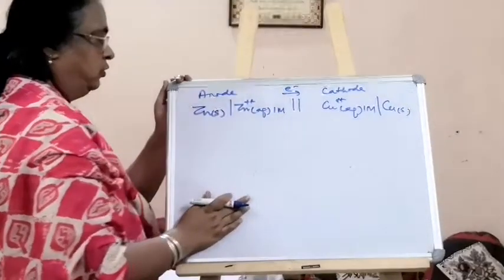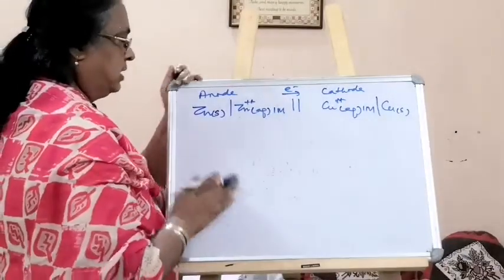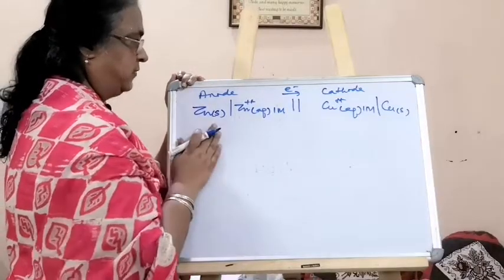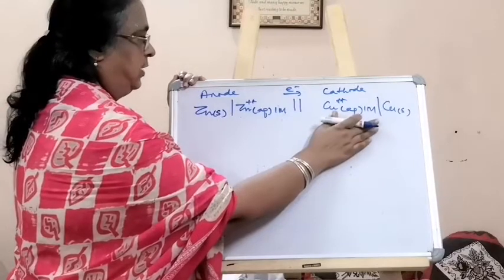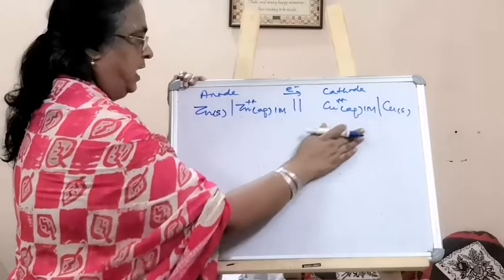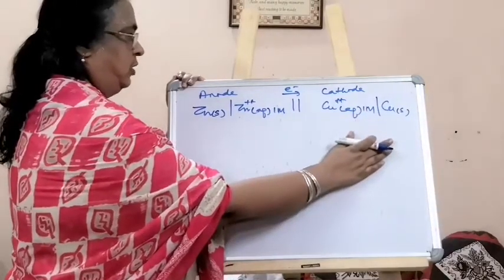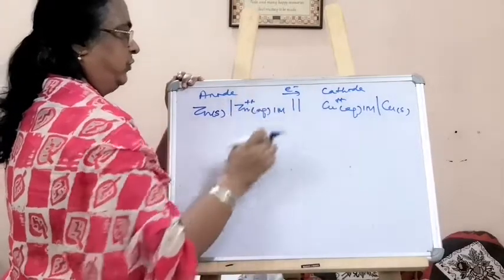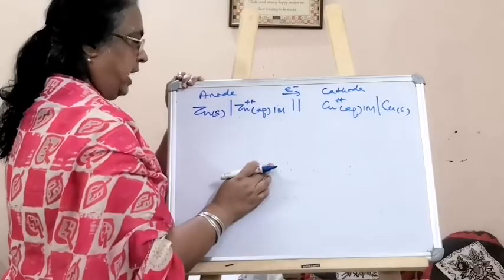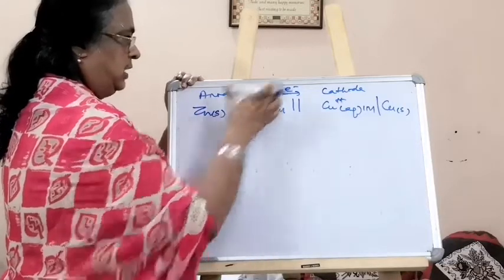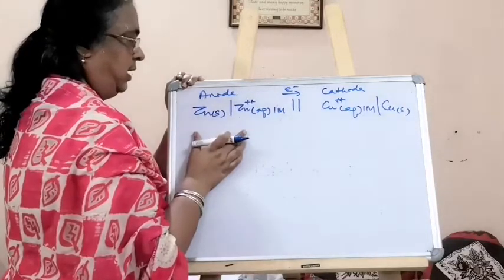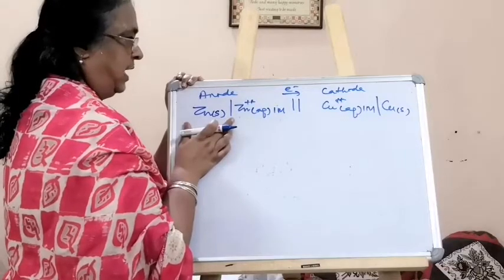So if you want to know what is the electrode potential of this half cell, for that, as I told you, this side electrode potential should be 0. If this side electrode potential will be 0, then the reading which you will get on voltmeter will be the reading of this half cell. That means that reading will be indicating electrode potential of this half cell.